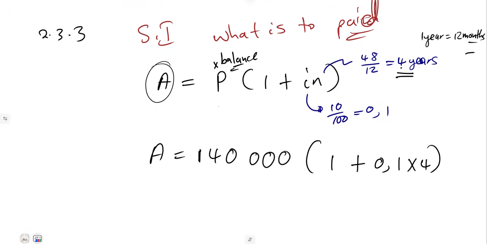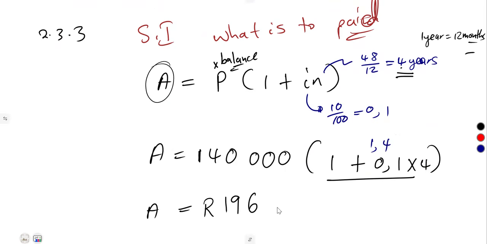You can even use your calculator, guys, at once. You can simplify this. Inside the bracket, it was going to give us 1.4. Then multiply by 140,000, it was going to give us 196,000. Just use your calculator here, guys. So this is what must be paid.